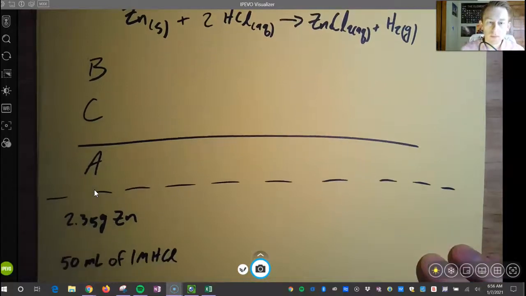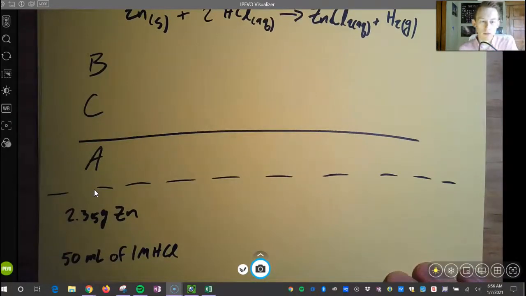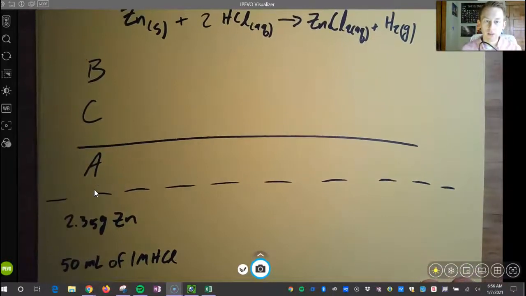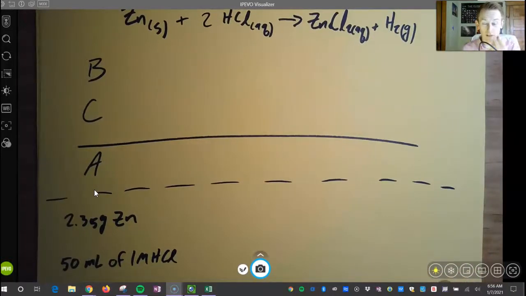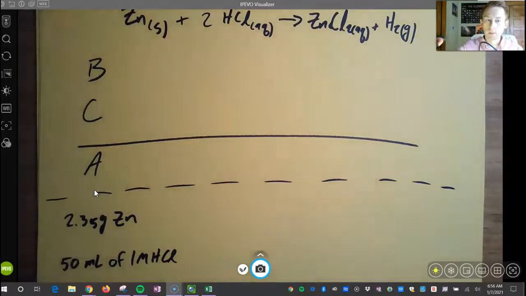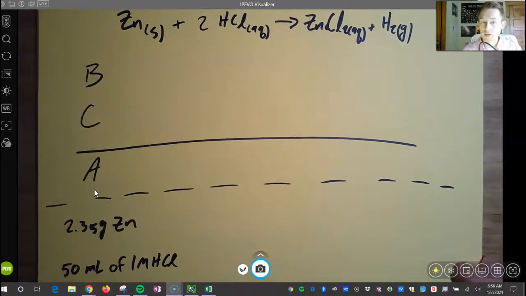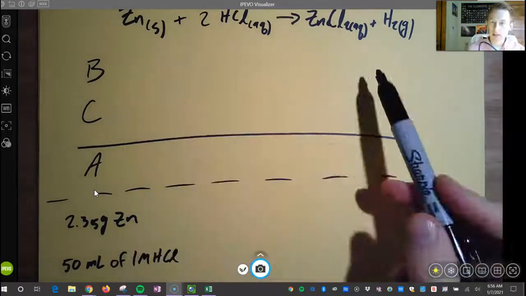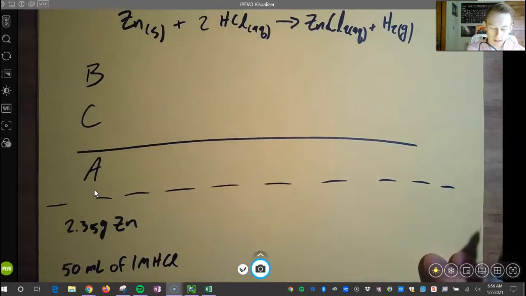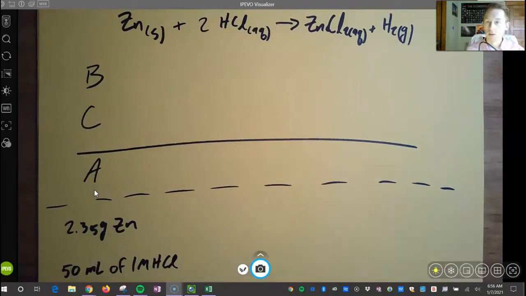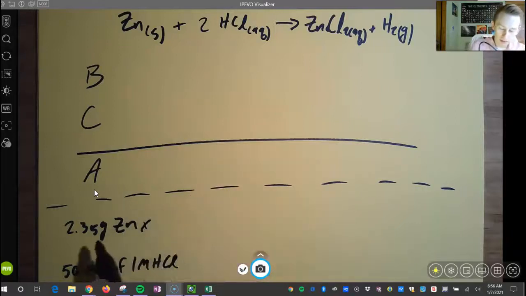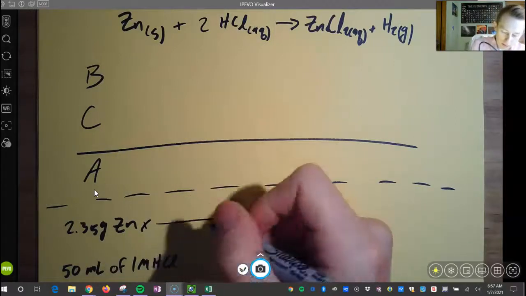So we're given both of these pieces of information, and we need to determine which of these is going to limit the reaction, right? We need to find our limiting reactant. So in order to fill in a BCA table, we need moles, and so we're going to use whatever we need in order to get there. The first one is the one that we're most used to, so it's a grams to moles conversion.